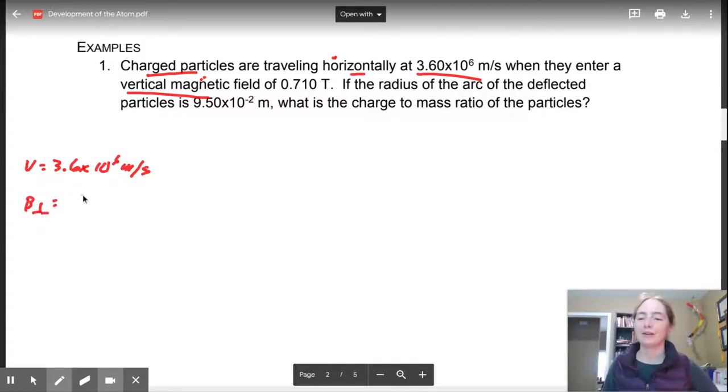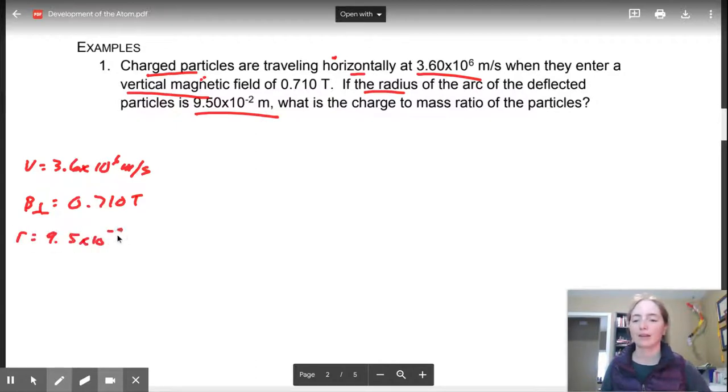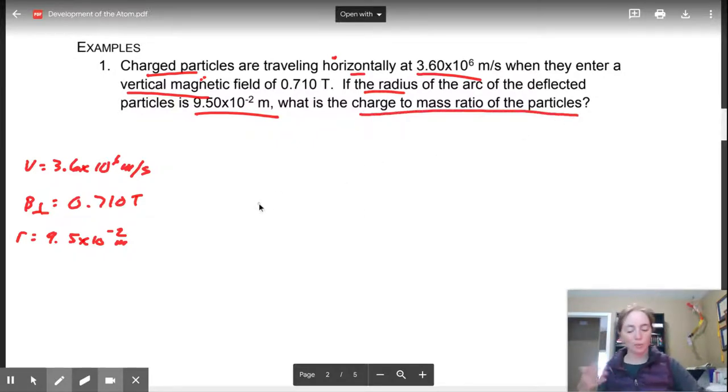The field is 0.710 Tesla, and the radius of the deflection was 9.5 centimeters. And what is the charge to mass ratio of the particles? So we want our q over m. That's what we're trying to find.